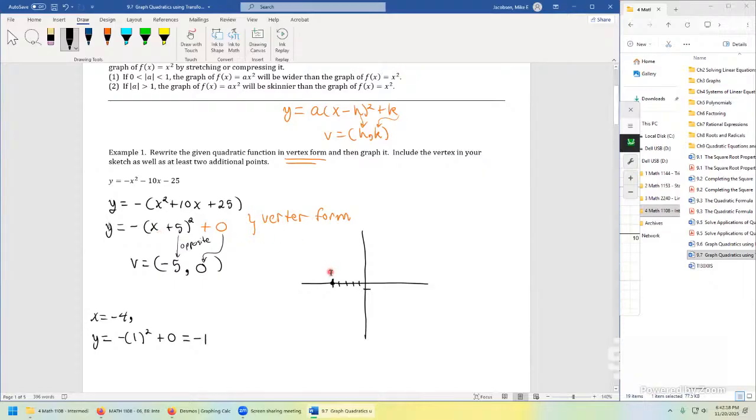So if we're over here at -5, but move over to the right, it goes down, and it only goes down by 1. That's because there's really just a -1 right here for the a value. When we look at it in vertex form, a times (x minus h) squared plus k.